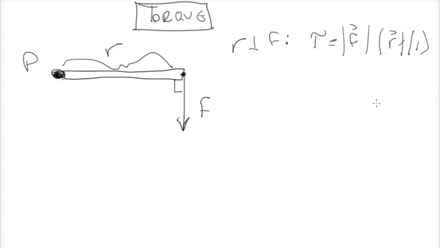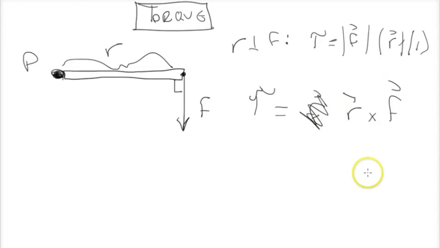Well, when sine of 90 happens, that's equal to 1. So we can already kind of guess, maybe the cross product of these two gives us torque. And that's exactly right. Torque, generally described, is a vector that is the cross product between a force applied, did this backwards. The radius comes first, the cross product of the radius and the force. And that's our expression for torque.